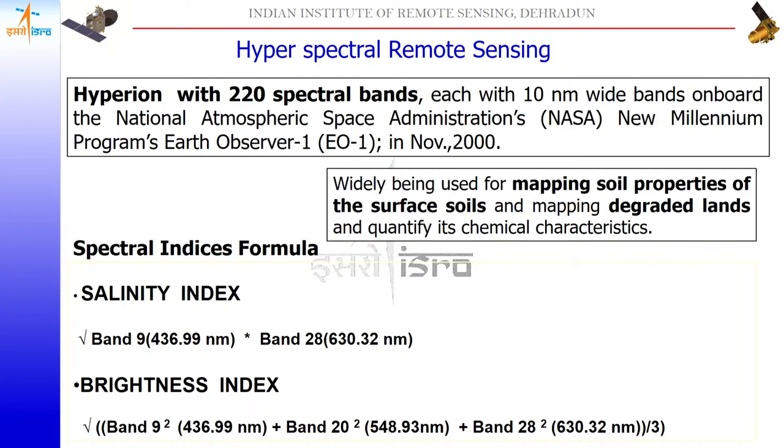Satellite data will have more spectral bands, so you can better characterize the chemical composition of soil and of plants. It will give you an advantage for quantitative remote sensing. It will give us a new era of quantitative remote sensing.